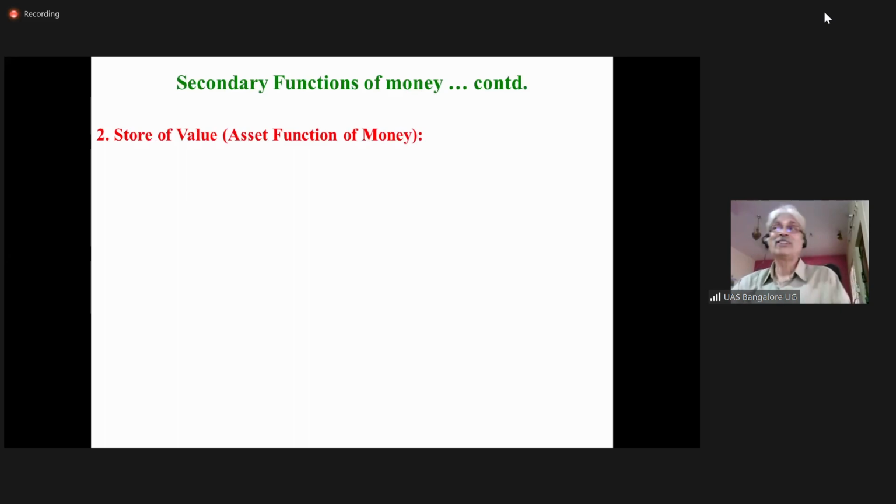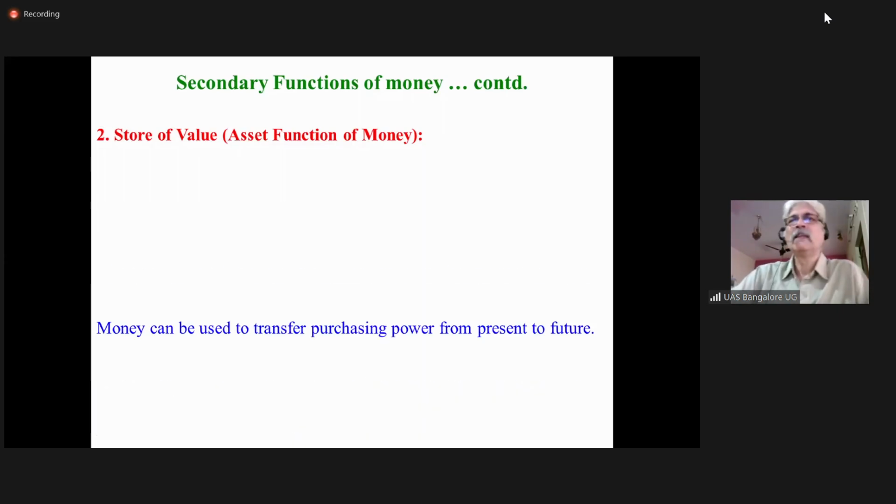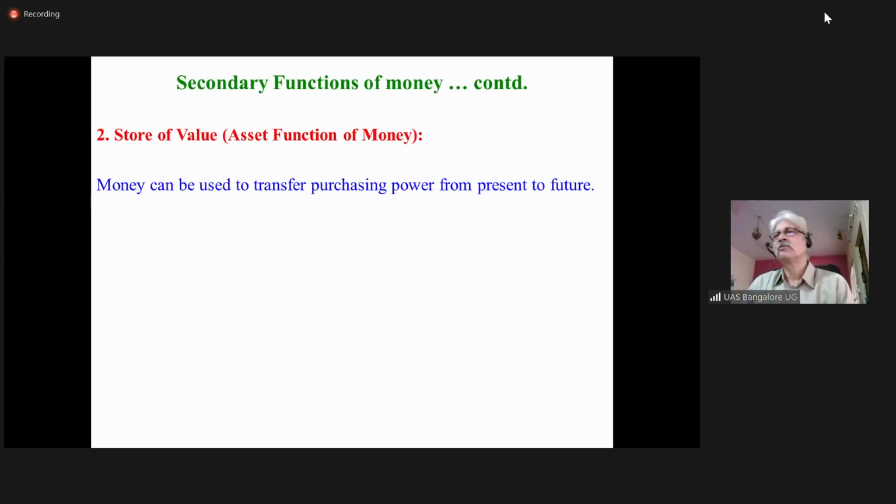So you can store the value of your assets in the form of money. Asset function of money, also known as store of value. Money can be used to transfer purchasing power from present to future. You can store the value in terms of money. You can say 1 lakh rupees, 5 lakh rupees, or 10 lakh rupees, and you keep that money with you, and it will have value in the future also.